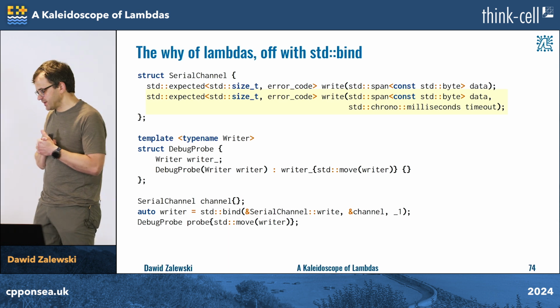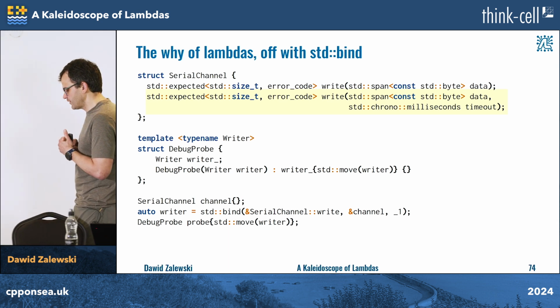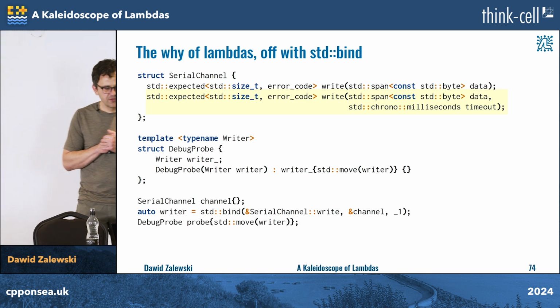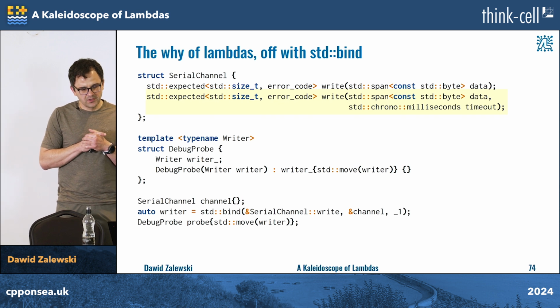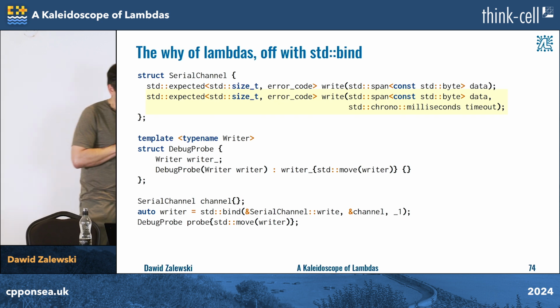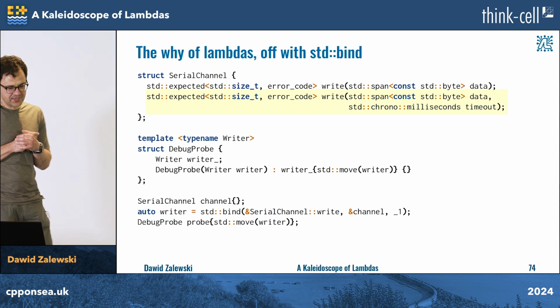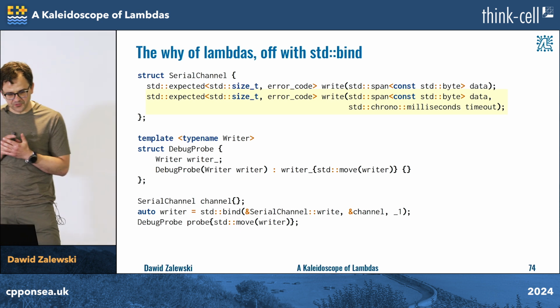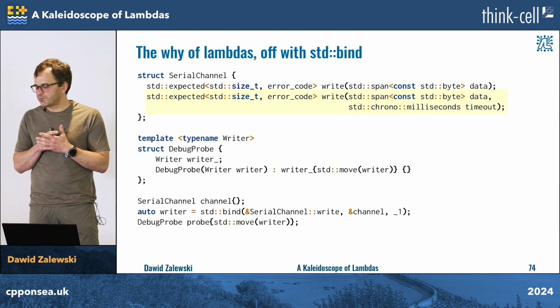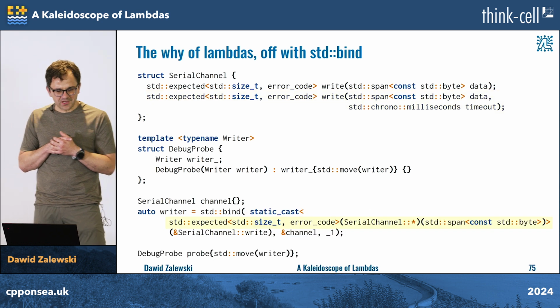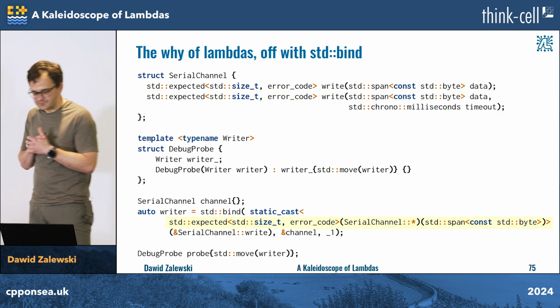Now, the problem only begins when you add, for example, overloads to the serial channel, like that one. There is one single overload next to the original one, and all of a sudden binding becomes a nightmare. Anybody knows what you need to do then? Anybody ever work with binding? Now, what you need to do then is something like this.